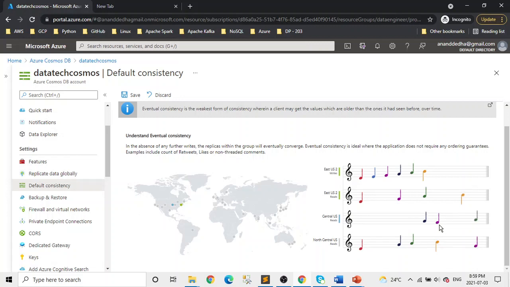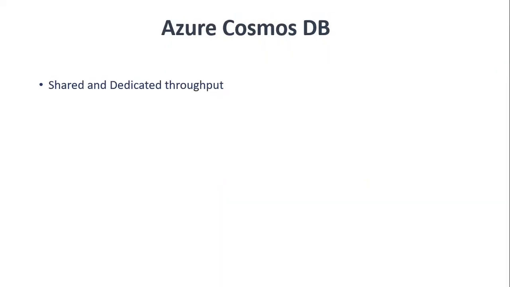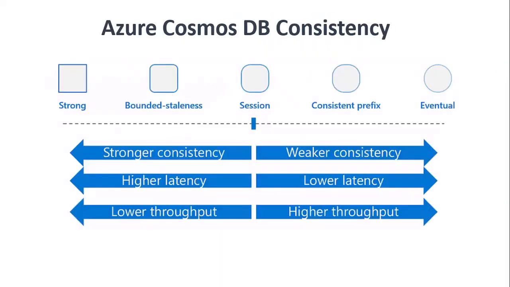So these are the trade-offs of Azure Cosmos DB consistency. If you want strong consistency, you get it, but it will have high latency and lower throughput, while weaker consistency gives lower latency and higher throughput.